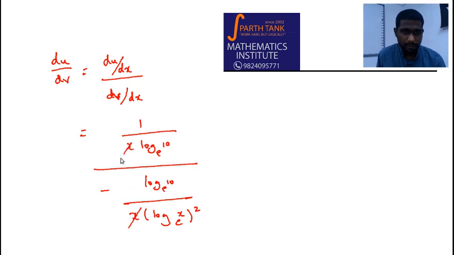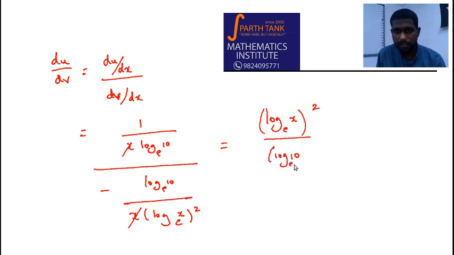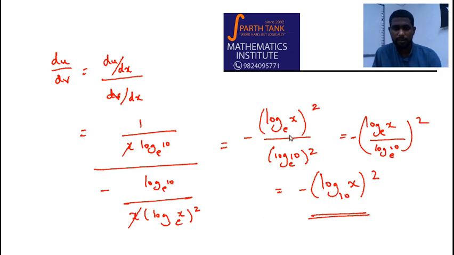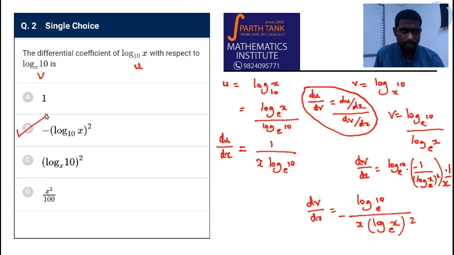Now this x is going to vanish, and after a bit of simplification I get minus log x base e the whole squared by log 10 base e the whole squared, or this can be written as minus log x base e by log 10 base e the whole squared. And this again, by the change of base rule, you can combine it to make it log x base 10 the whole squared. So the answer is minus log x base 10 the whole squared, option B.